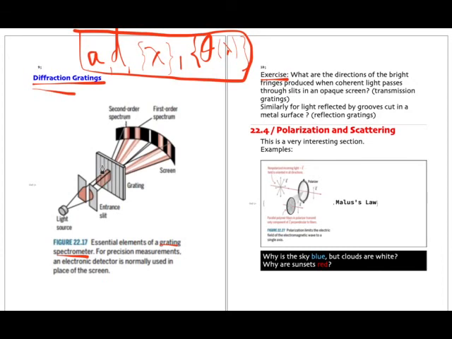These are usually very dense. They're very close together. There's a large number of slits. You know, we considered double slit interference. Well, this might be like 1,000 slit interference. And so it'll depend on how far apart they are.